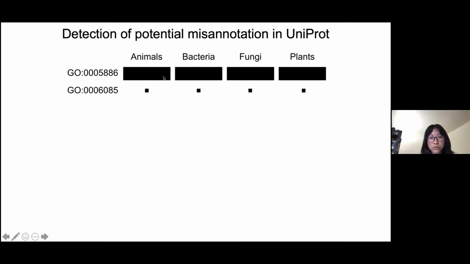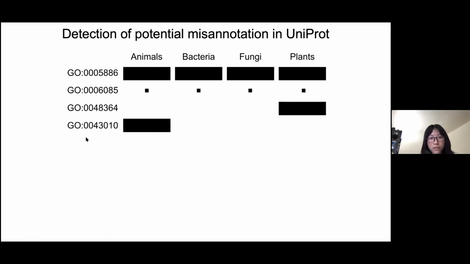So for the upper 2 rows, we ignore this kind of function. For the next two rows, we can see that this GO term is only present in one taxon.